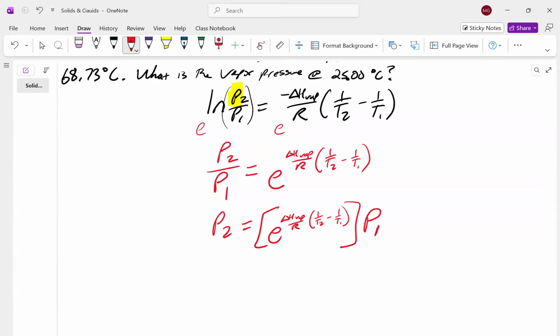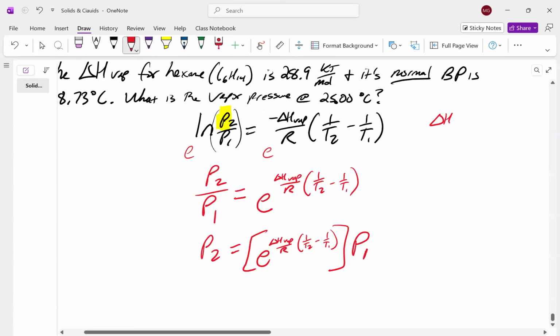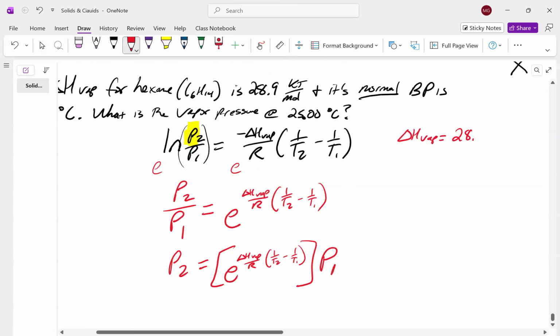Now let's read the problem again and define what everything is. So delta H of vaporization, the problem says it is 28.9 kilojoules per mole. What I want you to do is circle, highlight, star the fact that that's in units of kilojoules. I'll tell you why it's important in a little bit.